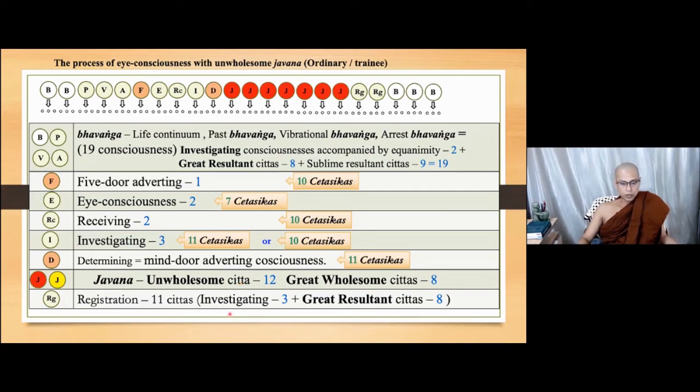And for the registration moment, it can be possible 11 registration consciousness.